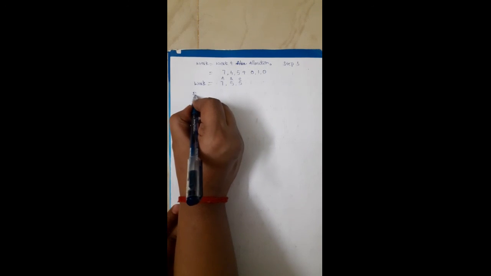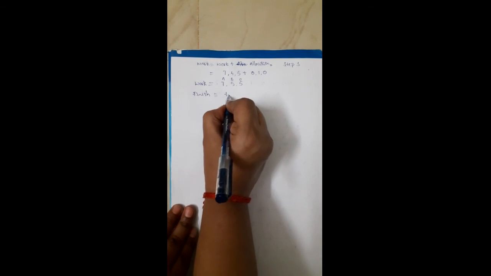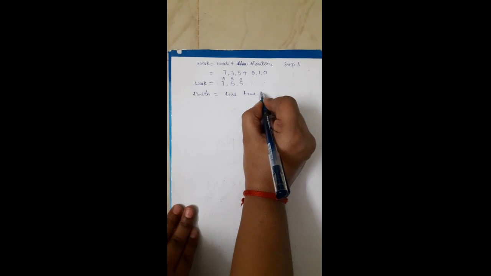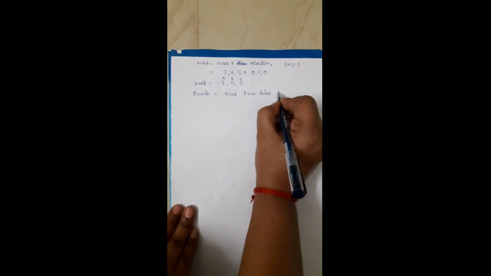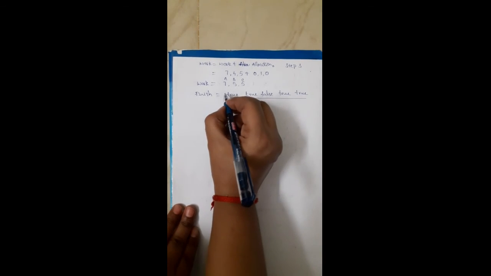Now what happens to the finish array? The first one, now it is true. For the next process, P1, yes, it is true. For P2, still it is false. P3 true, P4 is also true.